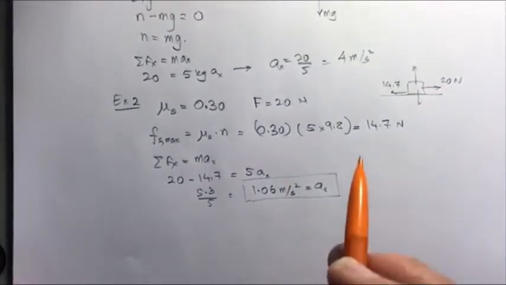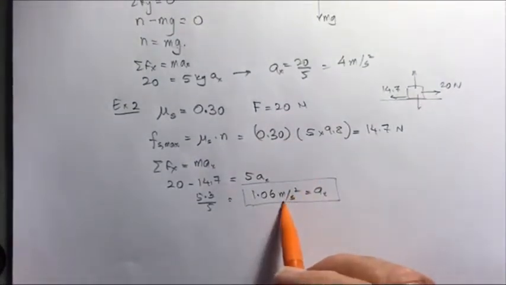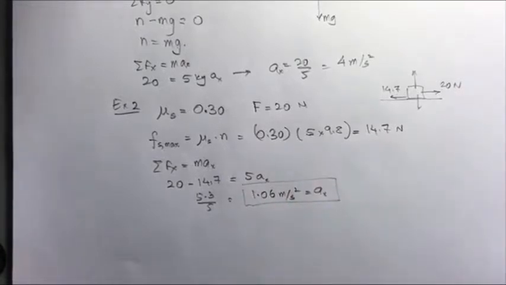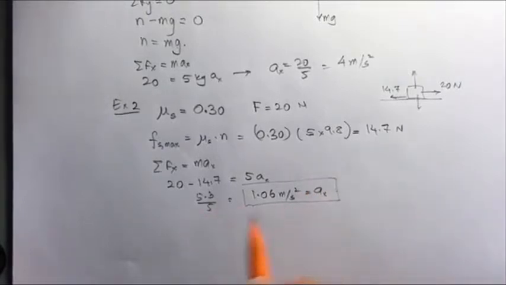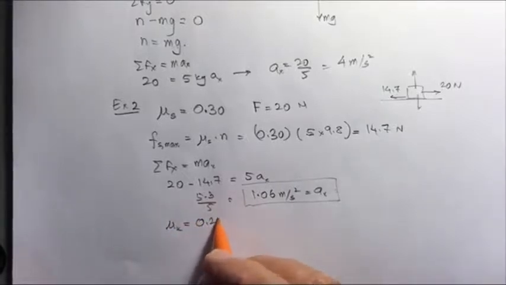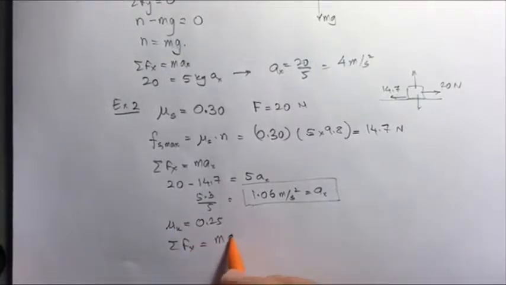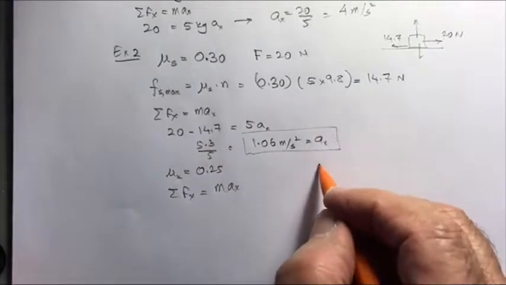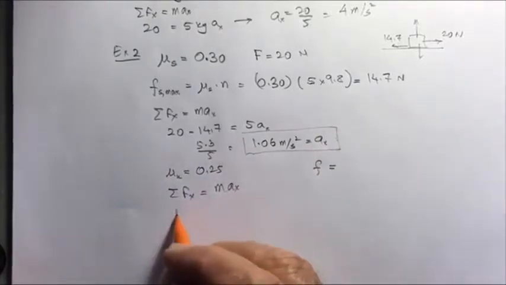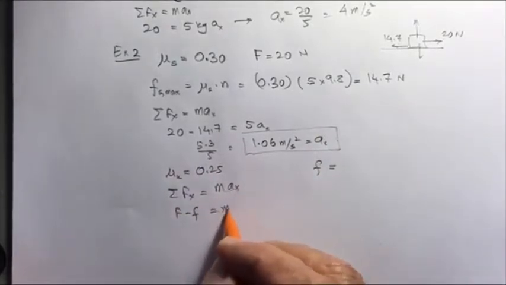Now, as soon as it starts accelerating, the coefficient of friction changes. So this answer is not exactly correct. What we need to do now is, since it has started moving, solve the equation for kinetic friction. And let's say the kinetic friction is 0.25. So the sum of forces in the x direction should be written as max, and this will be F minus f equals max.